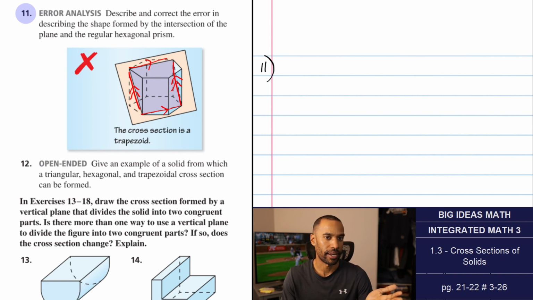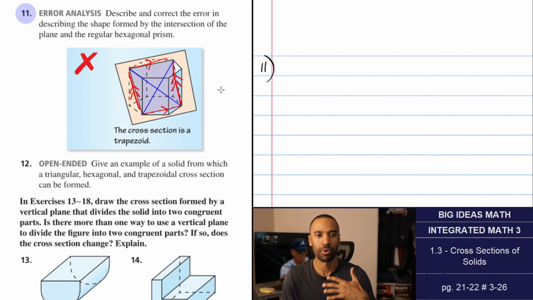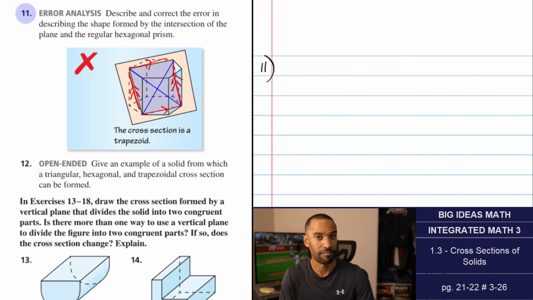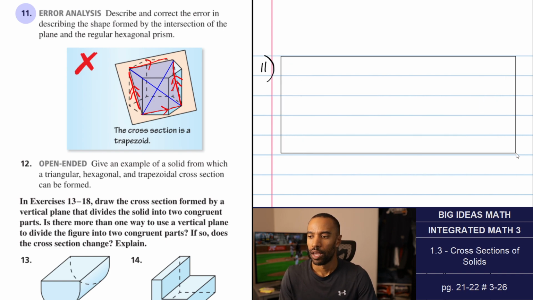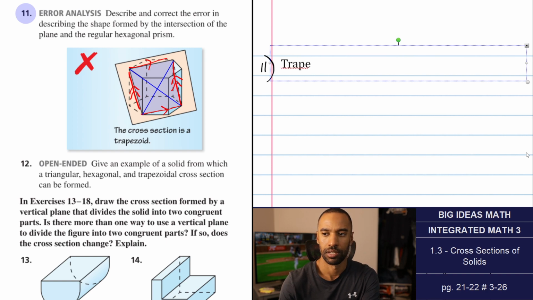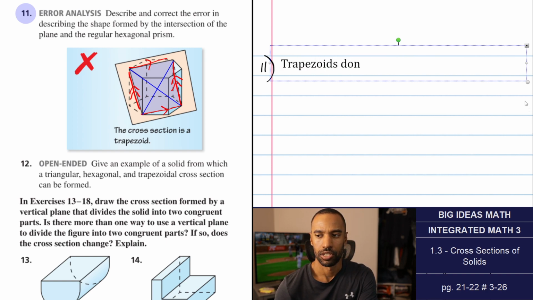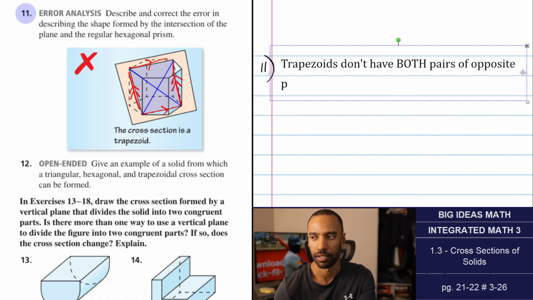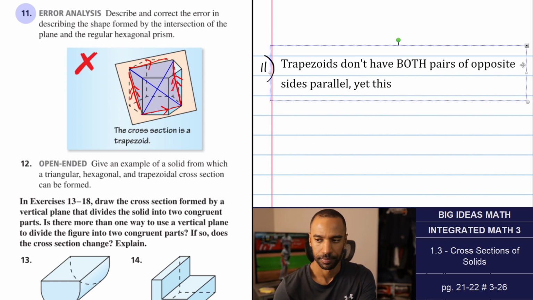Maybe I can't show those are the right angles, but I could state that these are congruent diagonals. That one's congruent to that one. Given the nature of a prism and being a regular hexagon, those would indeed be congruent to each other. Rectangles would have that, not all other parallelograms would. So trapezoids don't have both pairs of opposite sides parallel, yet this cross-section does.